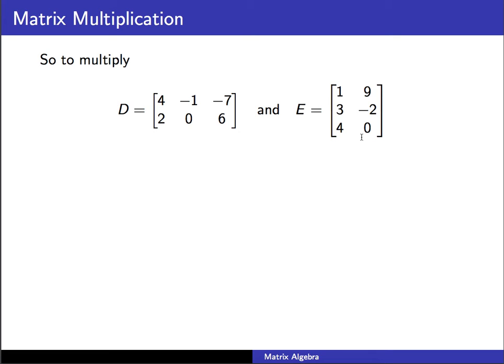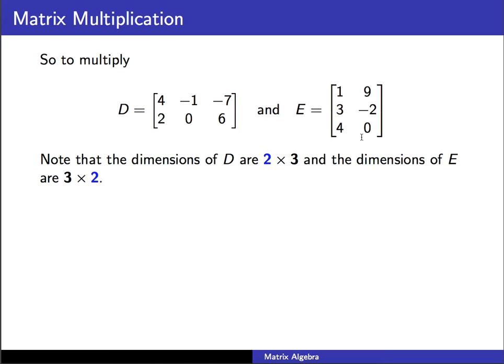Just like with addition and subtraction, the first thing we want to do is check the dimensions of each matrix. We don't necessarily want them to be equal, but we do want to know what the dimensions are. The dimensions of D are 2 rows by 3 columns, and the dimensions of E are 3 rows by 2 columns.